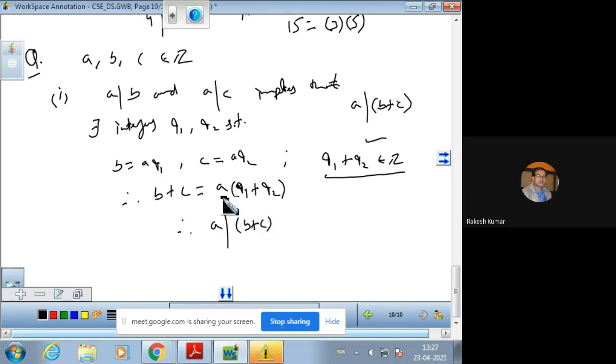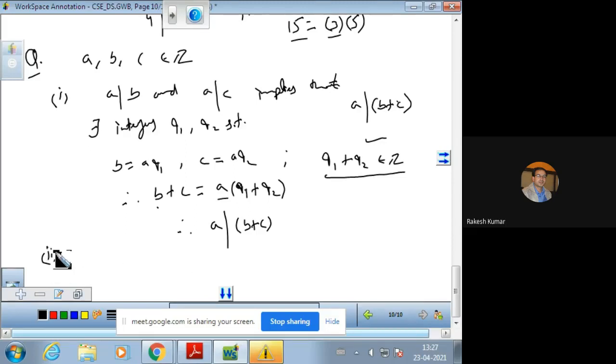We can say that A is a factor of B plus C, just like in this example, 3 was a factor of 15. So this proves the result.